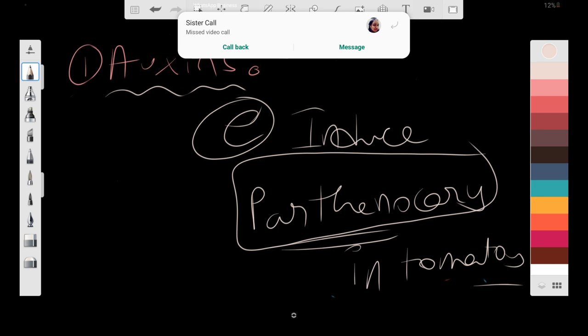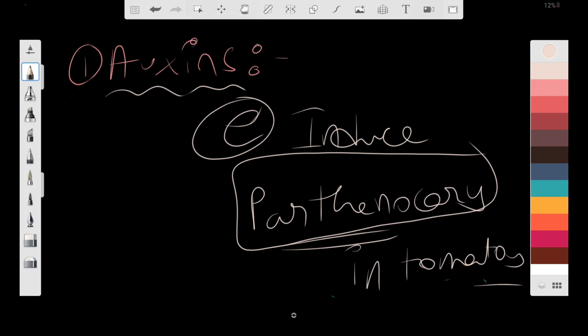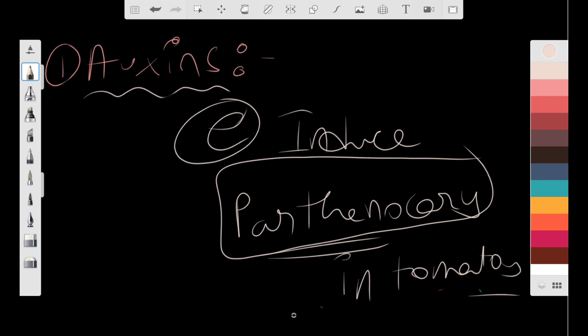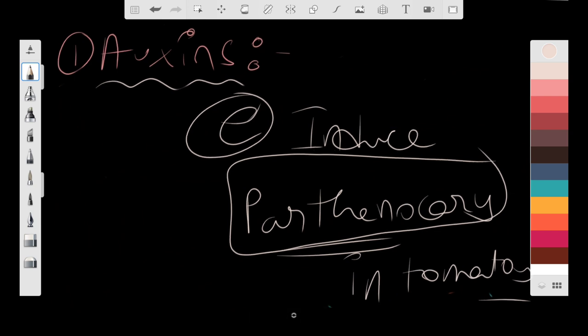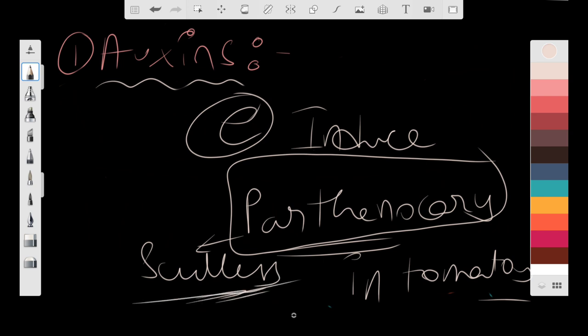The fruit would get matured without fertilizing, and therefore it would not result in seeds. So remember, parthenocarpy, just remember seedless. They induce parthenocarpy in tomatoes.